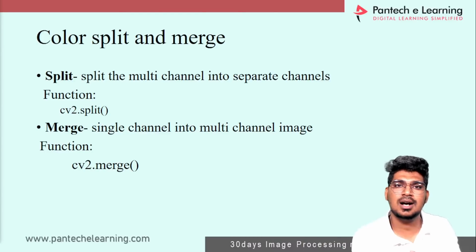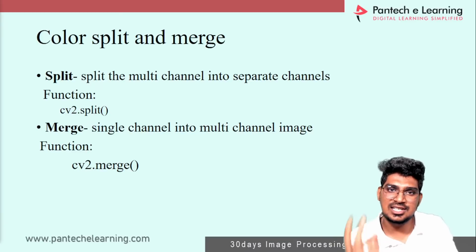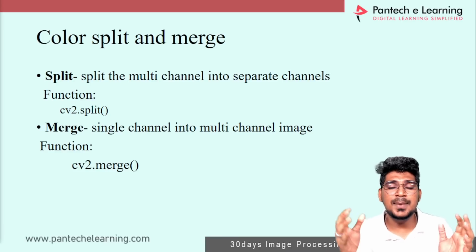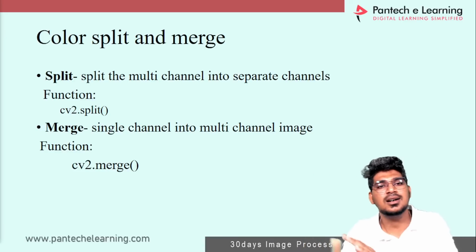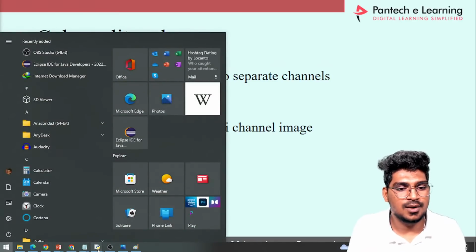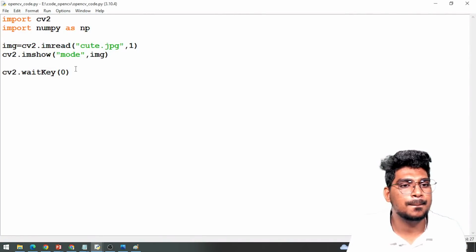If I split one color, that means one channel R, another channel G, and another channel B, and when combined, it will be a colored image. We'll show the example, then you can understand easily. Hope I clearly explained all this.